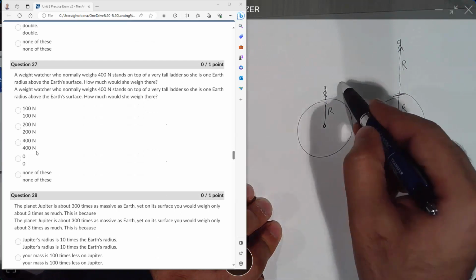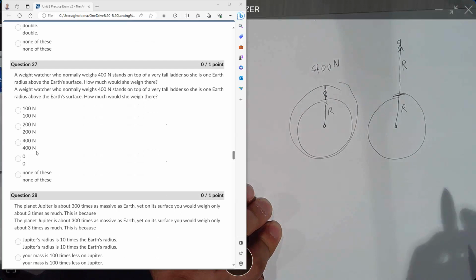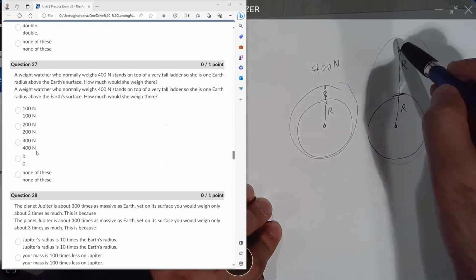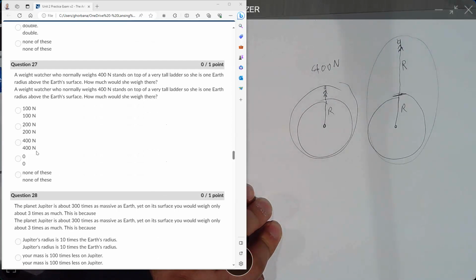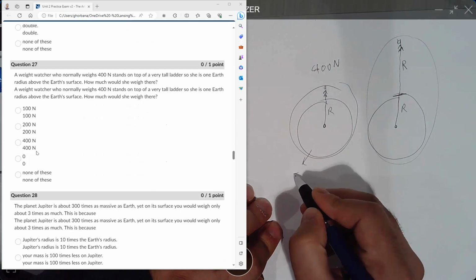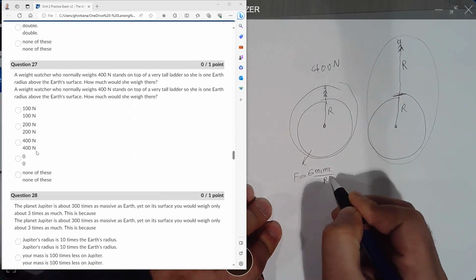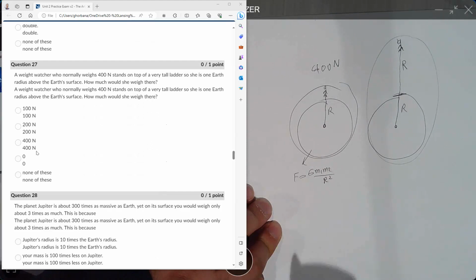It's telling that if your weight here is 400 Newtons, what happened to your weight when you are above the ground, at the same distance as the radius above the ground? So I know that for this situation, F is equal to G m1 m2 divided by r squared, which is going to be your weight, 400.